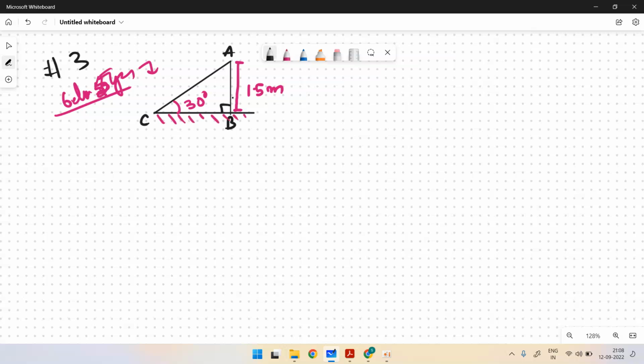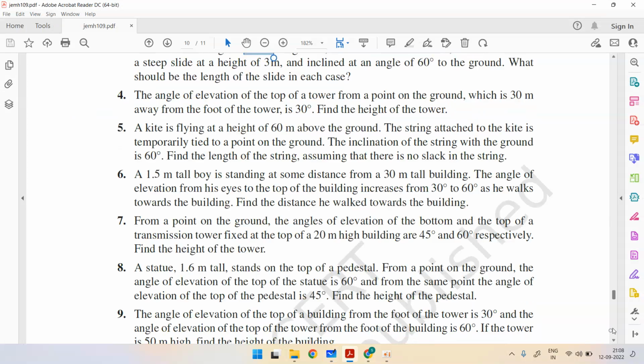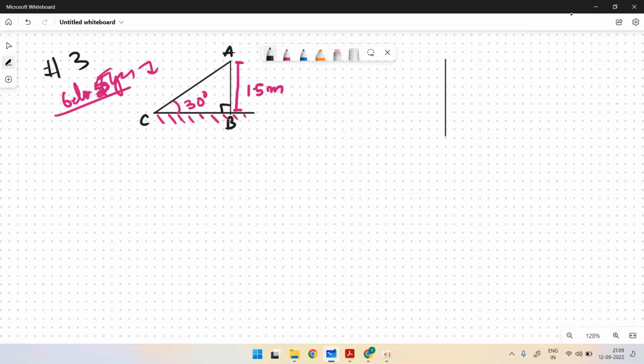Next, for this one, greater than 5 years, she wants a 3 meter height and the angle is 60 degrees. So this angle is larger, so this will be steeper.